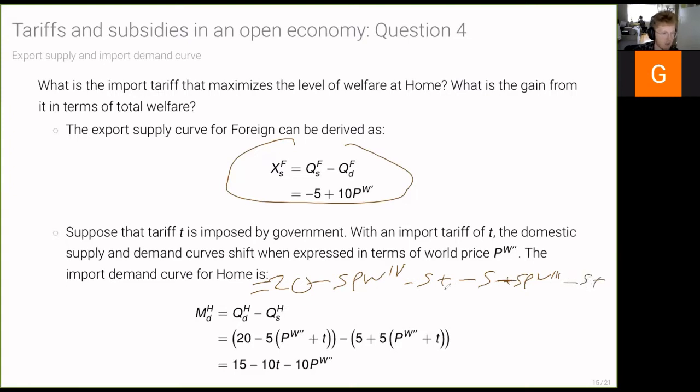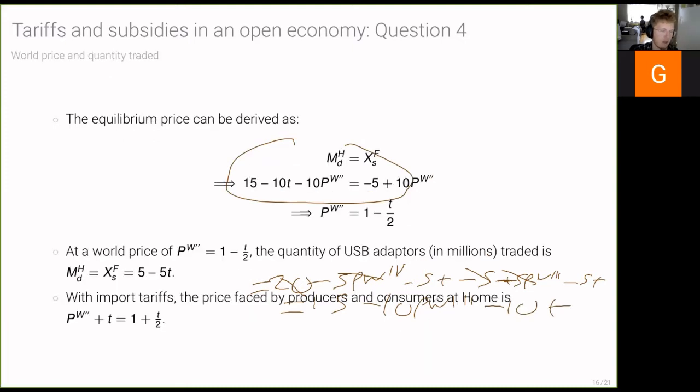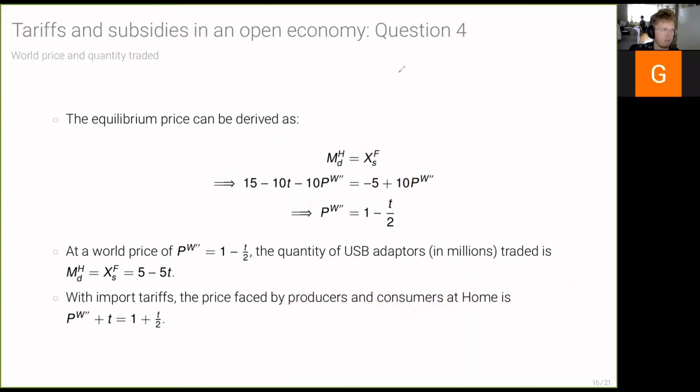So combining terms, what do we get? We get that the negative 5 and 15 and 20 cancel to get 15. These negative 5 P_W's combine to get negative 10 P_W, and then these negative 5T's combine to get negative 10T, as described. Okay. The equilibrium price, well, to derive that, we're just going to set, again, export supply and import demand equal. This sort of formula is holding up all through these section notes.